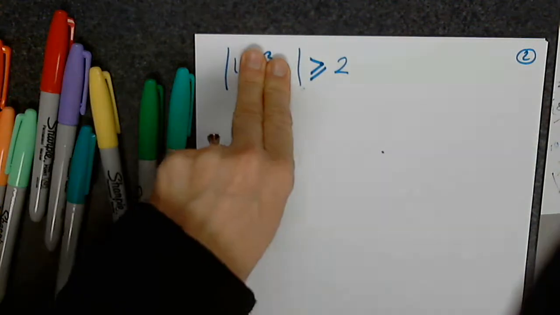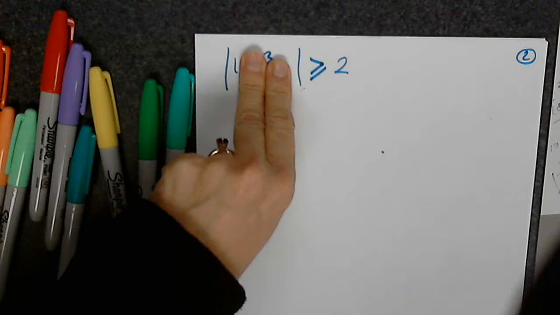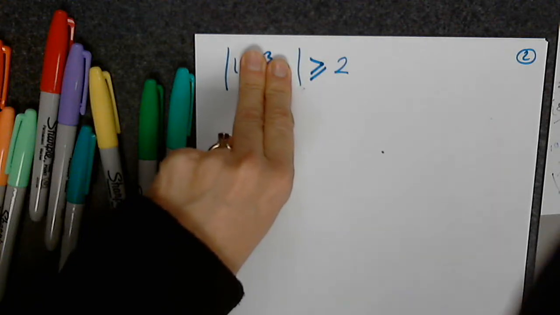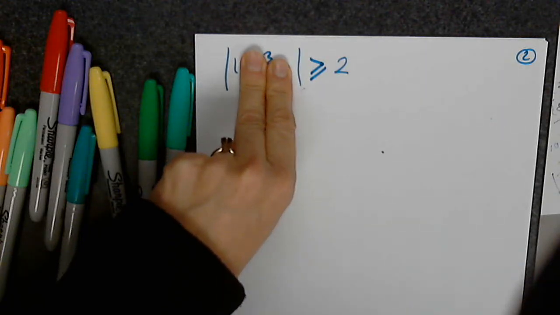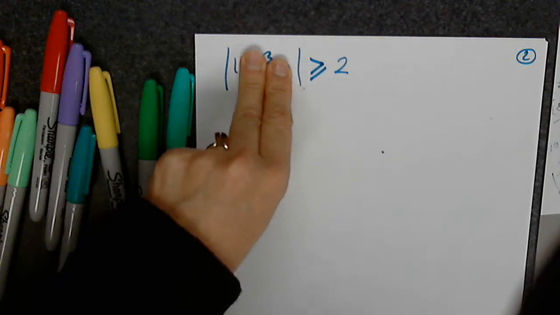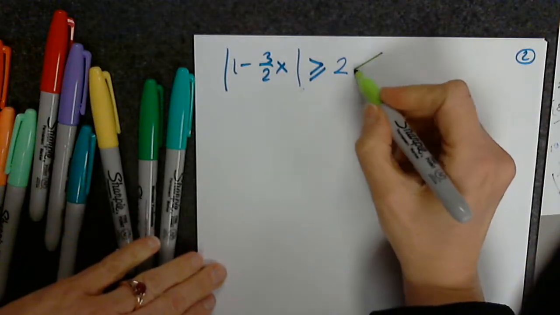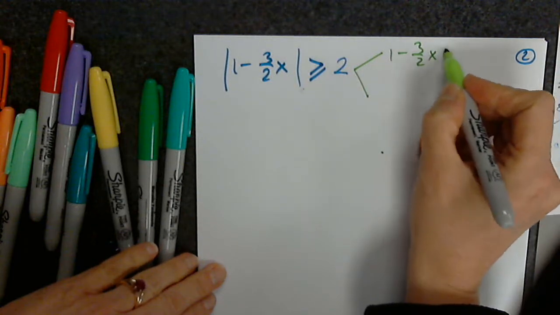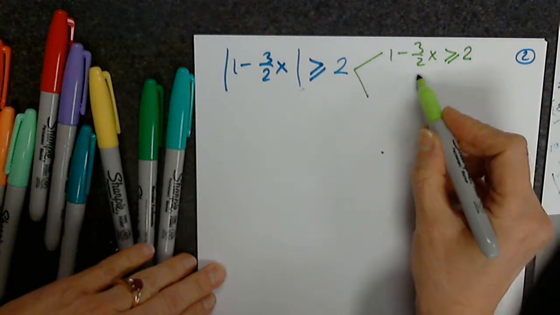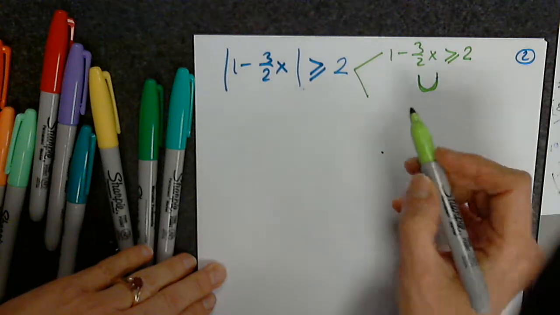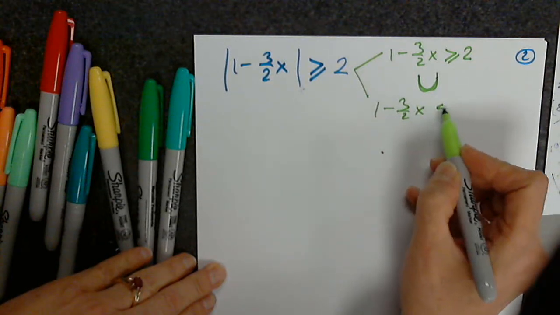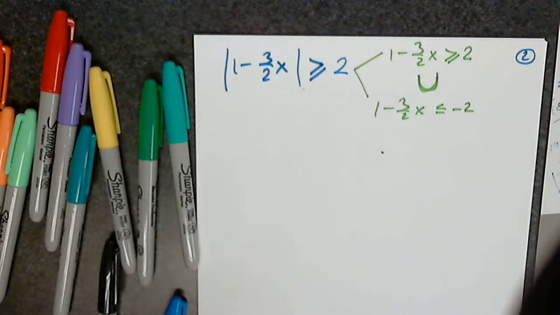I'm trying to find numbers whose distance from 0 is 2 or more. 2 or less than -2. Very good, excellent. So there are two options. 1 minus 3 halves x greater than or equal to 2, or, if you remember the union, 1 minus 3 halves x less than or equal to -2. Perfect. That's the idea.